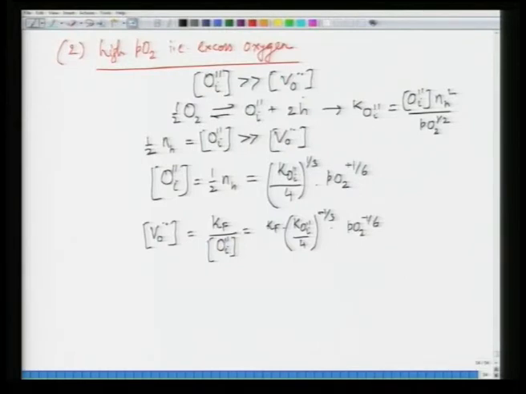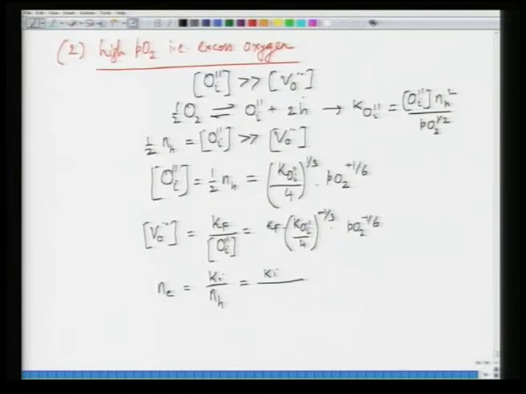And similarly NE will be equal to KI divided by NH. So this should be NH.